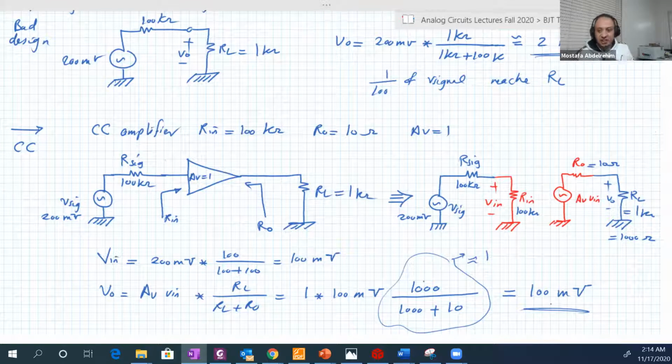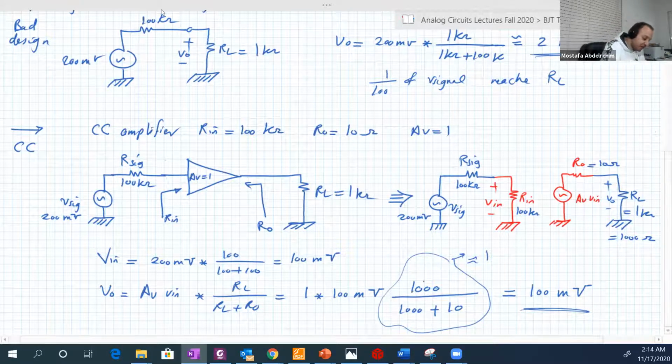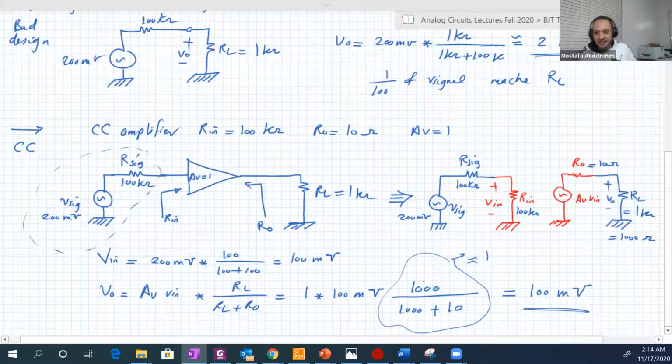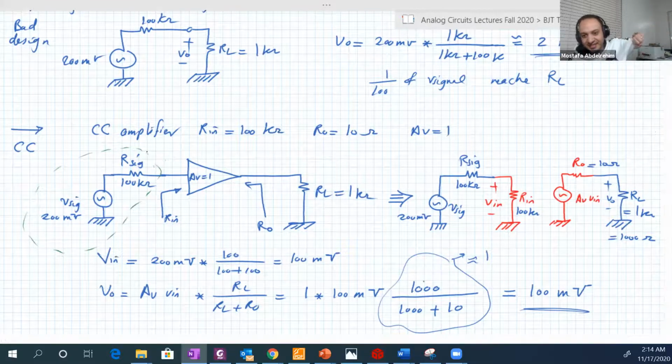It is an interface circuit. And if we speak practically, there is no source, like a voltage generator, with internal resistance of 100 kilo ohms. Actually, this signal here comes from another amplifier, for example, a common emitter amplifier.